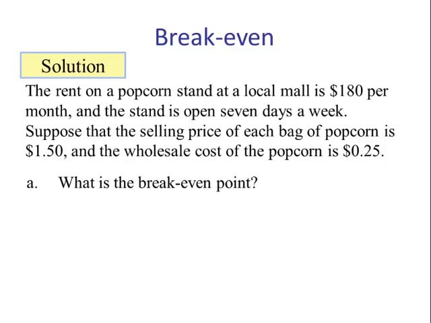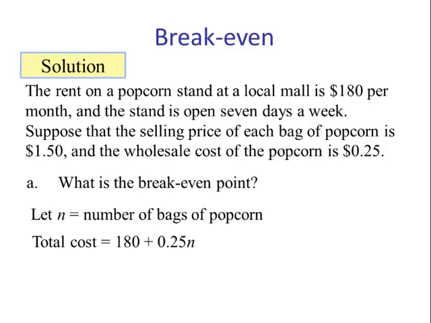Let's start with A. What is the break-even point? Let's let N be equal to the number of bags of popcorn sold. Our total cost would be our fixed cost, which is $180 for the rent, plus how much it costs for each bag of popcorn, which is 25 cents, multiplied by the number of bags of popcorn sold, which is N. The total revenues is the amount of money sold.